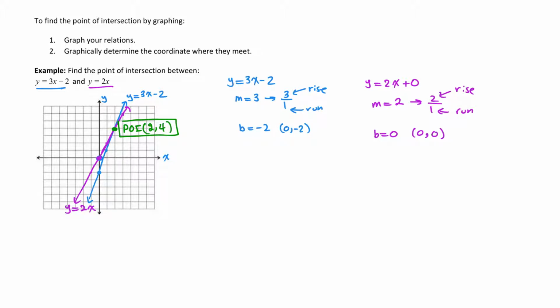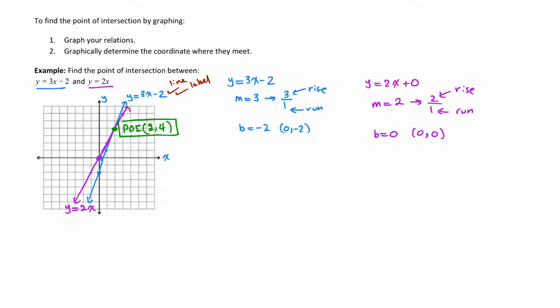If you are given a question like this, where you already have a grid and you have the two lines, then all you need to do is draw out your two graphs and then figure out at what point they meet, and then make sure to write the point of intersection there. So just to put a few check marks, you need to have proper line and label.